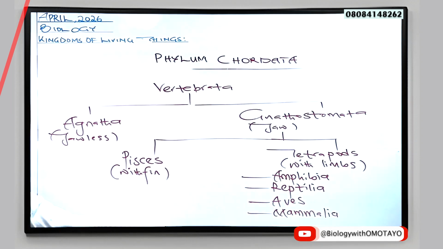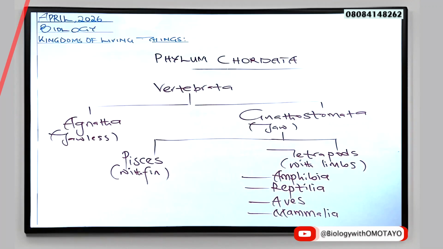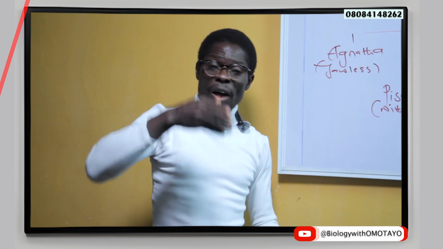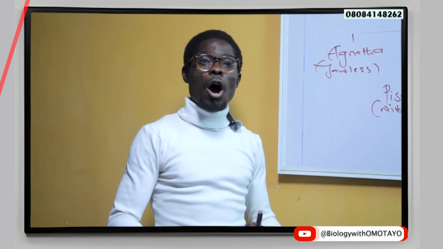For Pisces, we have our fishes, while the tetrapods are where we have Amphibia, Reptilia, Aves, and Mammalia. So in summary, under our Gnathostomata, we have Pisces, Amphibia, Reptilia, Aves, and Mammalia, in order of progressive complexity.